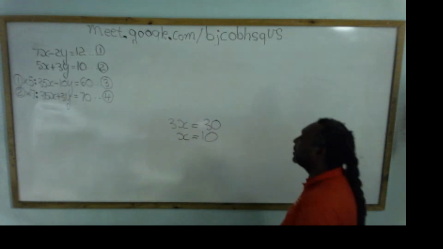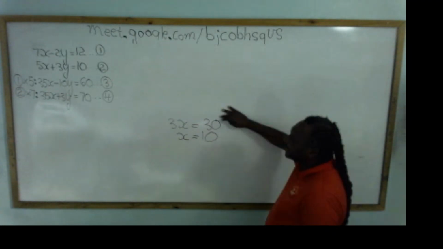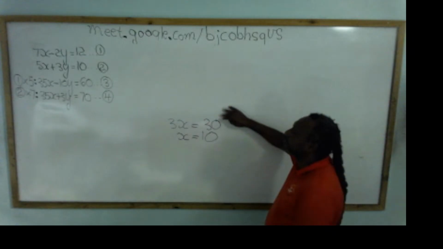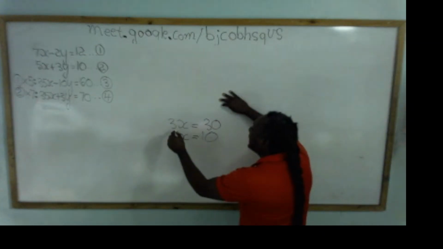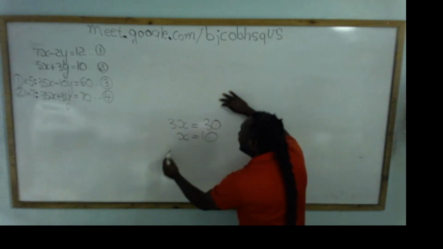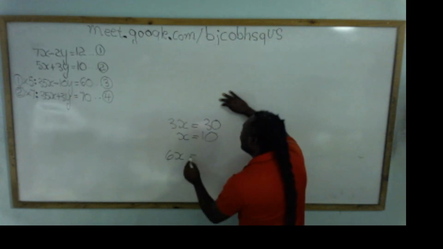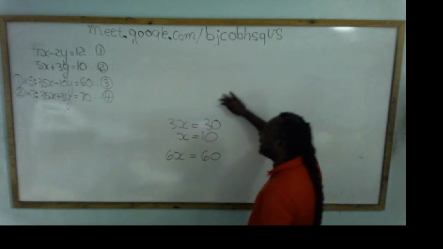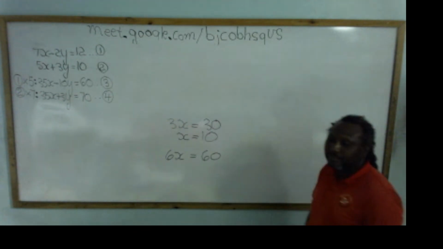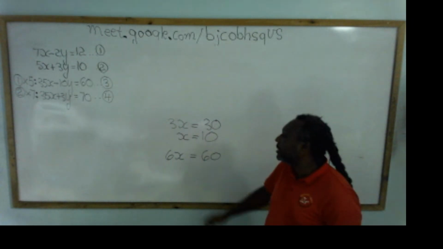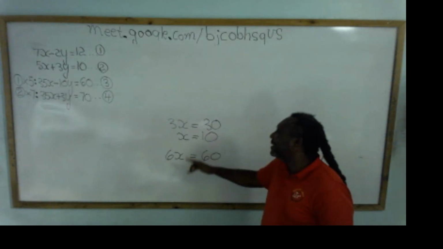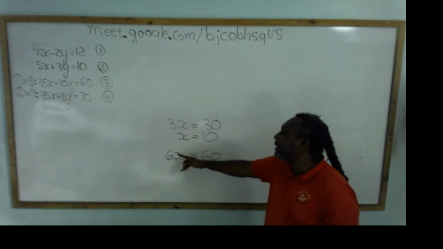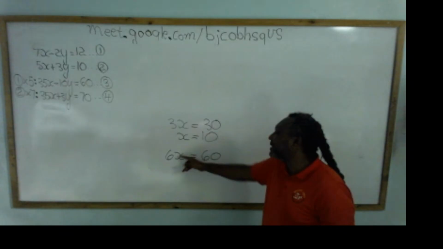Let us take this same equation and multiply by 2. So 2 times 3 will be 6. So we have 6x equals 60. If we multiply the equation by 2, we'll have 6x is equal to 60.